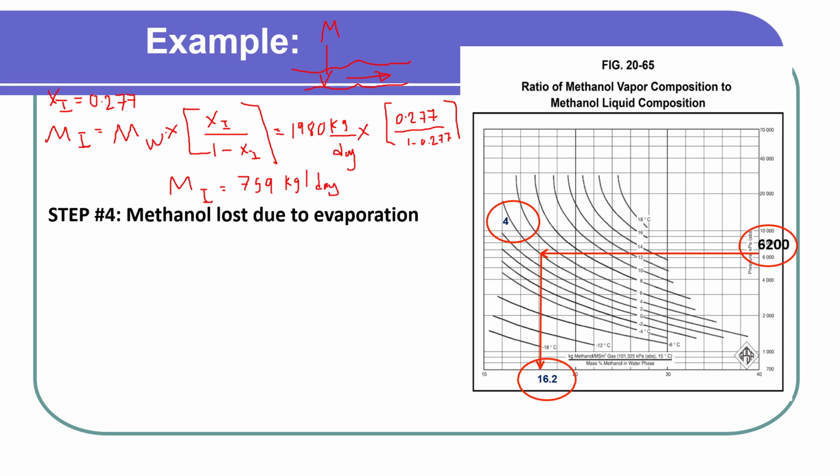Now we have calculated how much methanol I need to inject into this gas stream to prevent the formation of hydrate under the given conditions, if there are no losses.